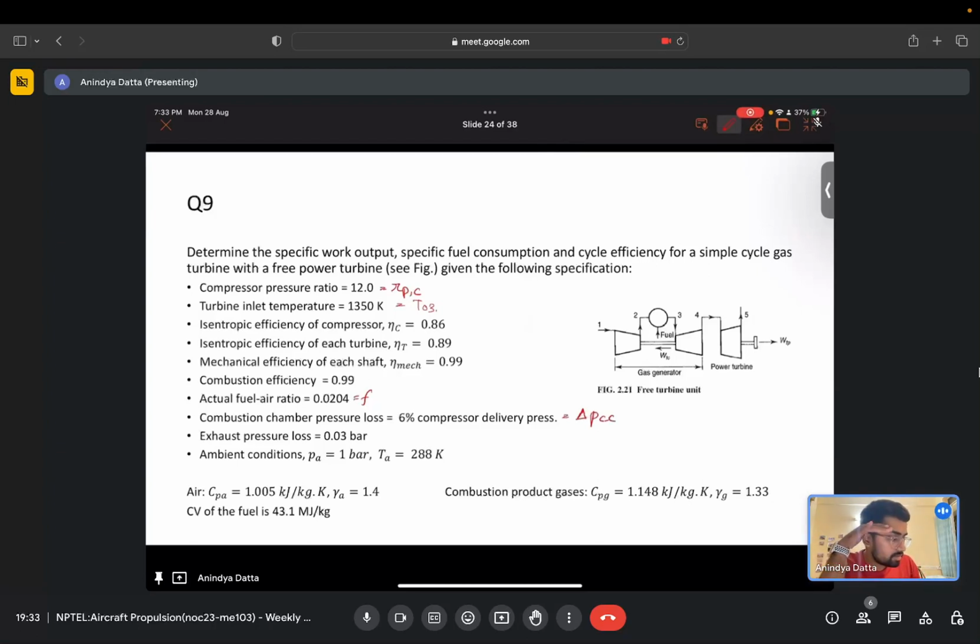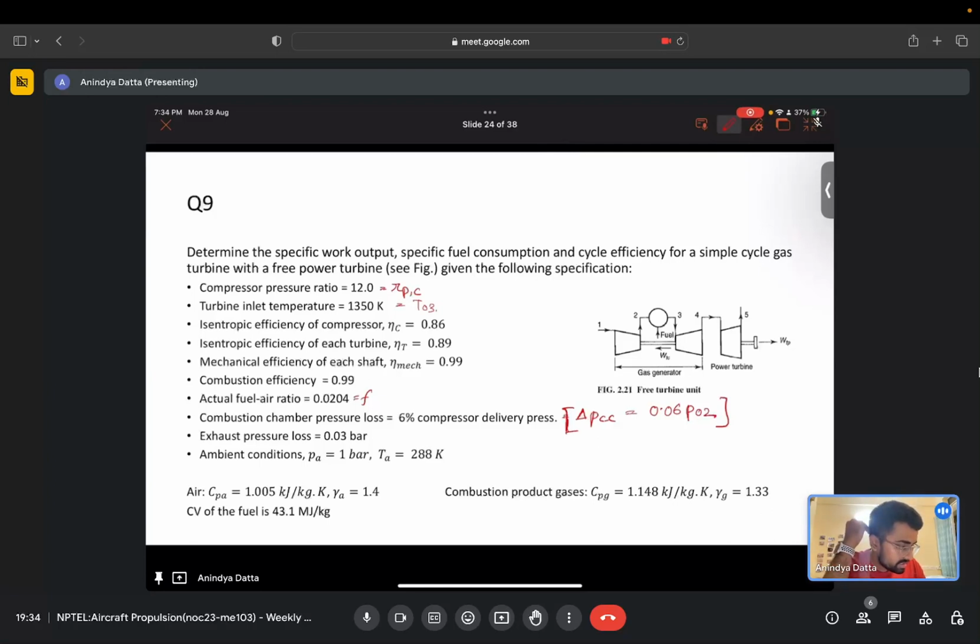So what is the compressor delivery pressure? The compressor is delivering pressure at state point 2, so the pressure loss in the combustion chamber is 0.06 times P02. Is this clear, what I wrote? So combustion chamber pressure loss, which I am indicating as delta PCC, is equal to 6% of compressor delivery pressure, which means the pressure at which the compressor is delivering air.